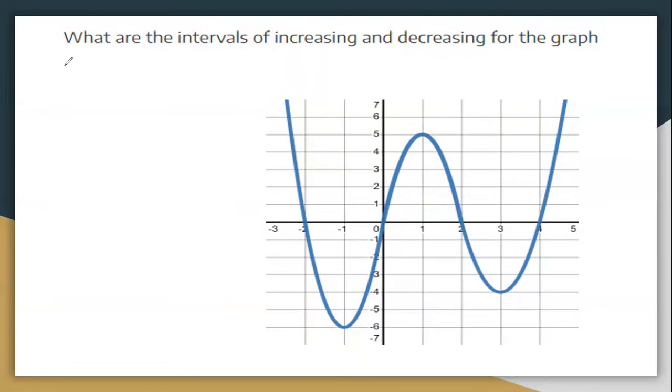There is a difference between what we call a point of inflection and what we call a stationary inflection point.